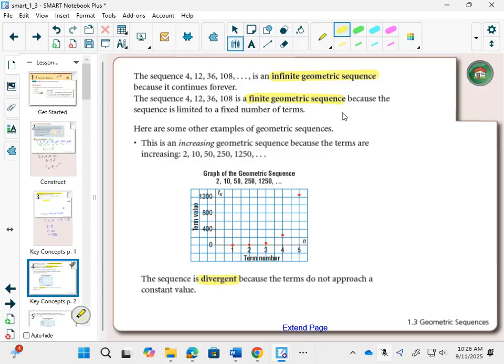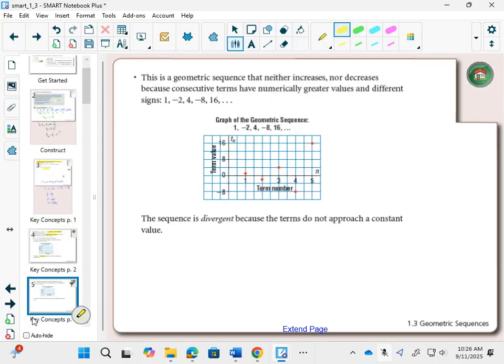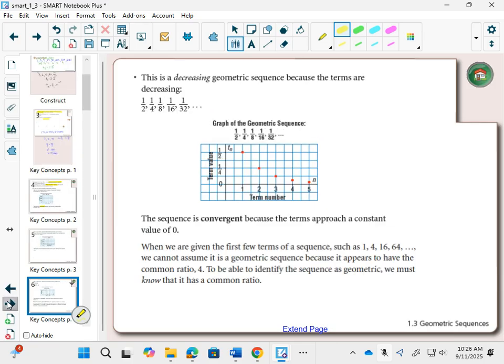The opposite to the word divergent is, do we have it in our notes? Yeah, it's on the next page. Well, this one is going sort of all over the place, also divergent. But if it is decreasing, it will get closer and closer to 0. Say you have a certain amount of money, and I say, give me half your money.